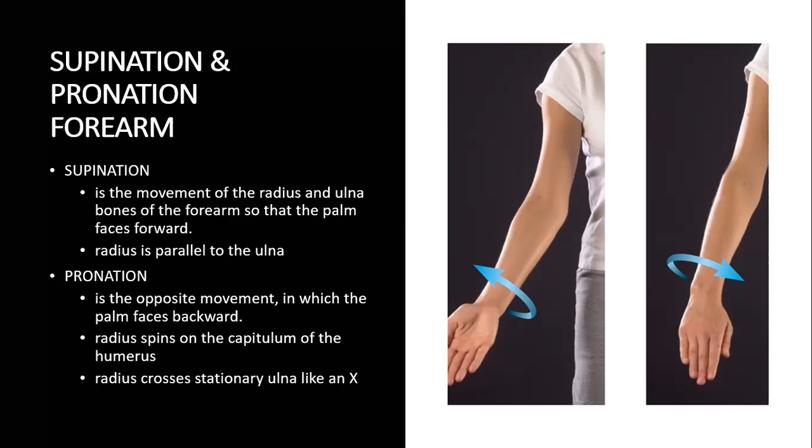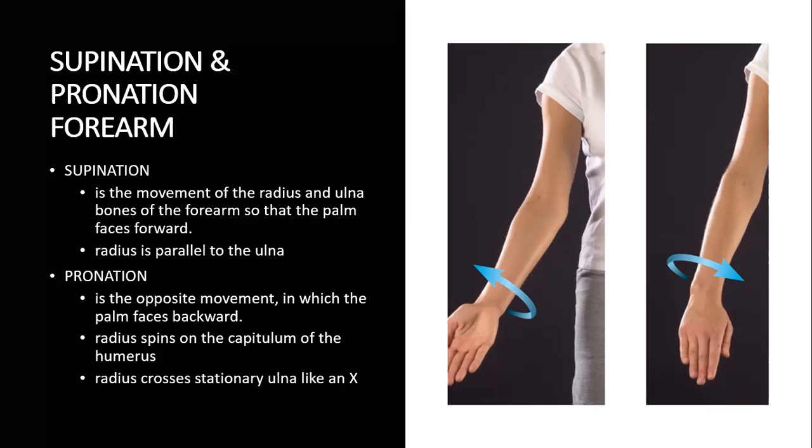Pronation of the forearm is the opposite movement where the palm faces backwards or faces downwards. Again, this is a spin of the radius. This is where the radius bone crosses over the ulna, creates an X. So supination, palms up or palms forward in the anatomical position.